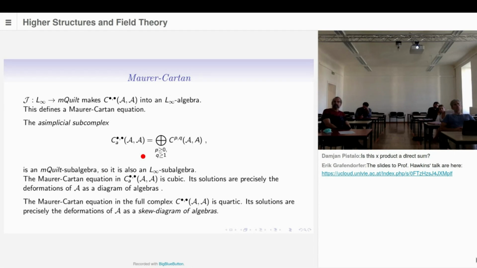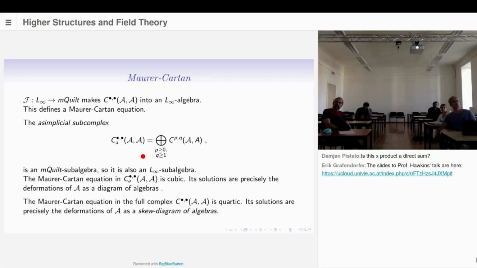The Maurer-Cartan element has shifted total degree 1; in terms of total degree, it has degree 2. So in this subcomplex it has components of degree 0, 2, and 1, 1. You take those for a solution of the Maurer-Cartan equation, and you add them to the multiplication and to the morphism part of the functor, and you get another diagram of algebras.